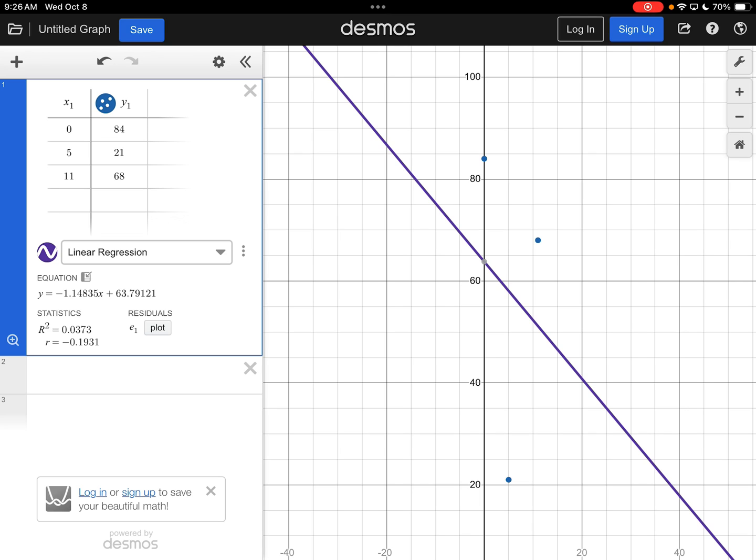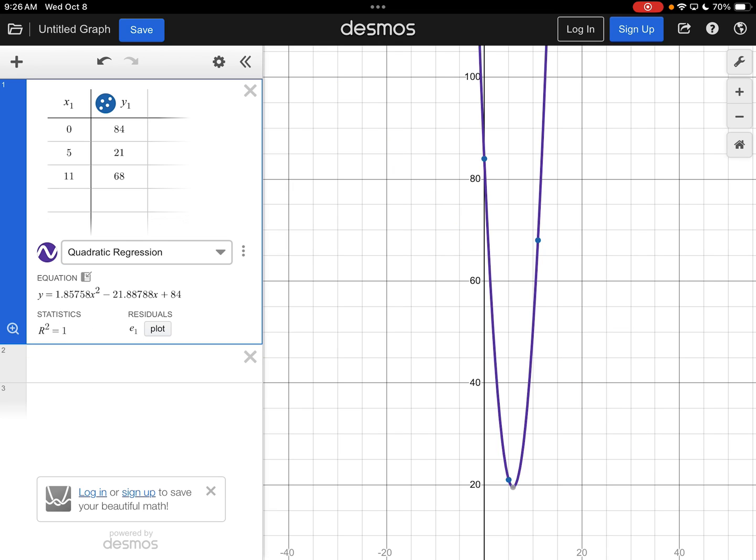Also, these R values, you see it says capital R squared and then little r. The closer big R squared and little r are to 1, or -1, the better the fit. So this being 0.0373 is terrible. This is a terrible regression for this.